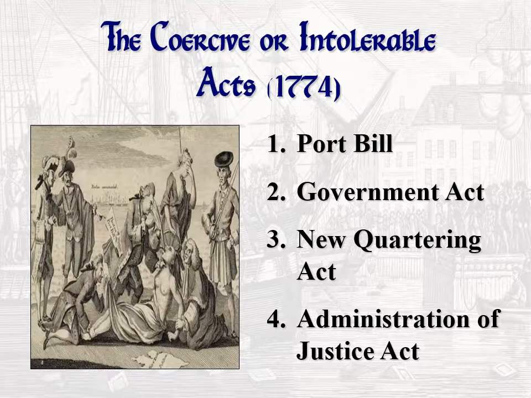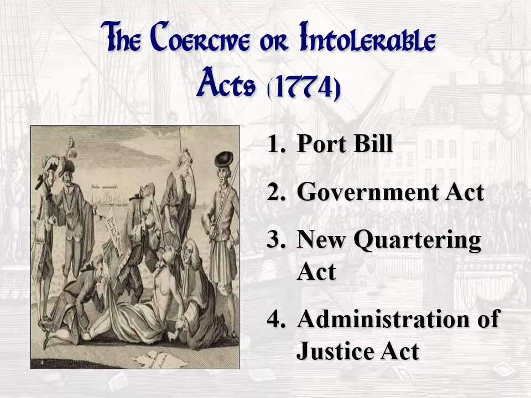And the Administration of Justice Act, which basically said that any British official who was accused of a crime in the colonies would not stand trial in the colonies, in which they might receive a jury of colonists to decide their fate. Rather, British officials had to first go home to England and be put on trial, which colonists argued wasn't fair because they'd be less likely to get a fair trial in England because they might have people there who would be more sympathetic to their cause.